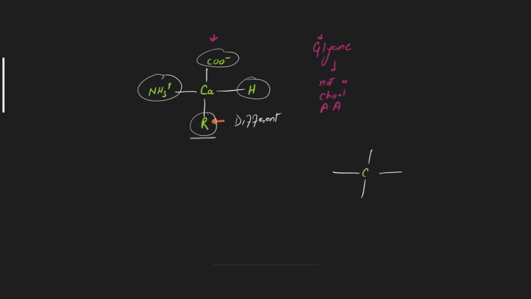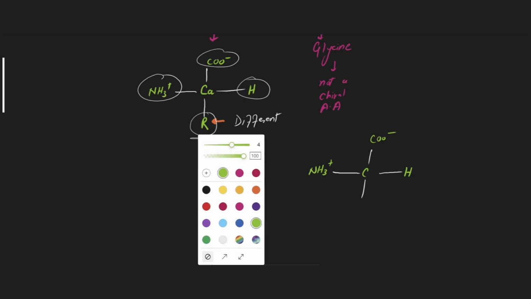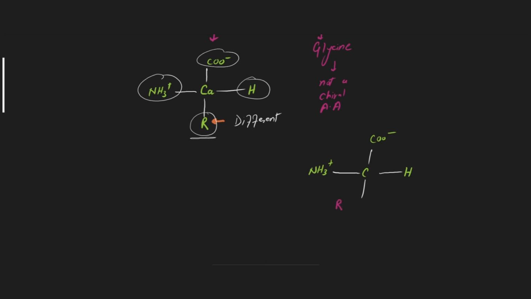How is it attached to 3 different groups? It is attached to the carboxylic group, the amino group, and the hydrogen atom, but in place of the R group, a hydrogen atom is present. So its R functional group actually consists of a single hydrogen atom.